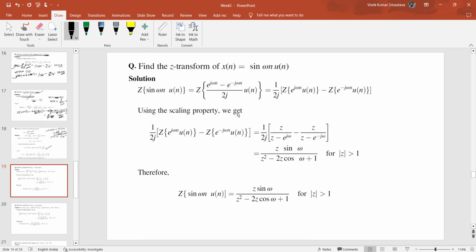Okay, so now moving ahead, here we have to find out the z transform of x of n, which is basically a sine function, that is sine of omega n into u of n.